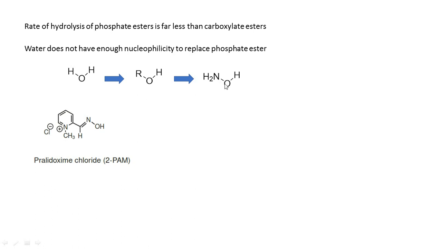When hydroxylamines are treated with aldehydes, they form this bond, which we call oxime compounds. And here they used the same logic as neostigmine, where oxime is needed for release of serine, or regeneration of serine, so regeneration of the acetylcholinesterase enzyme.